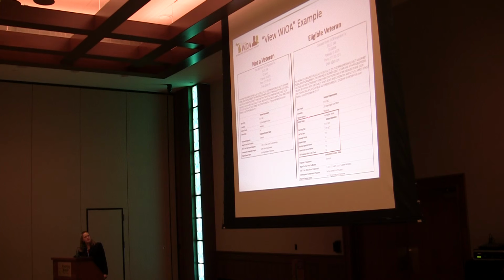But then on the right-hand side, you see the veteran status of yes, eligible veteran, and then you see all the rest of the fields that are related to the veteran themselves. Okay, the similar method works with dislocated workers. If you have a dislocated worker, then the dislocated worker and its eligibility will appear, where if you have an adult, the dislocated worker eligibility section will not appear. Even by maxing out all of the screens, it still neatly prints on 2 pages.